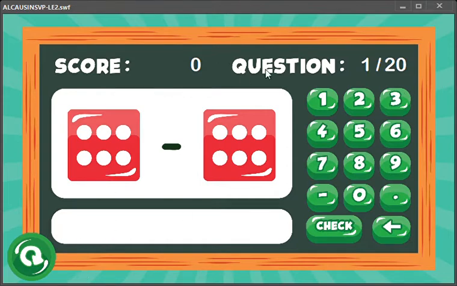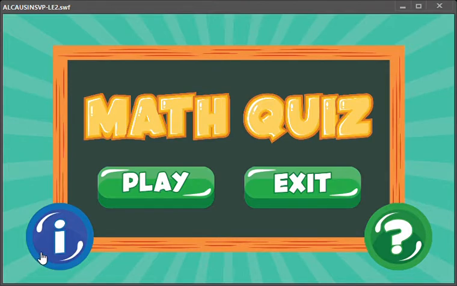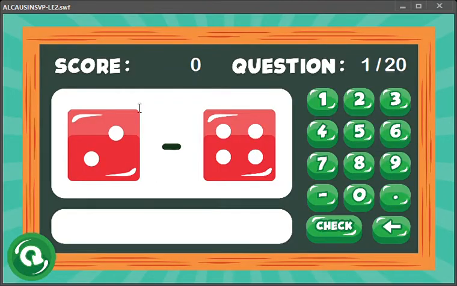And this is a return button. If you click it, you go back to the menu, but it's going to randomize again, with a new score and new question, so you can't continue from where you left off.